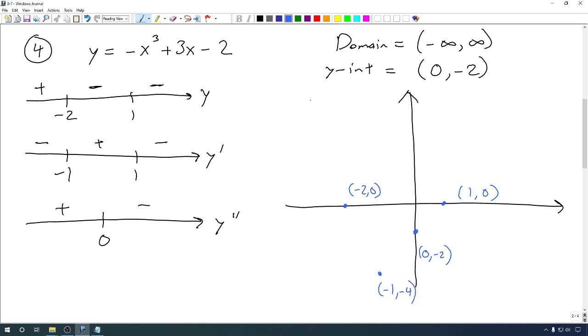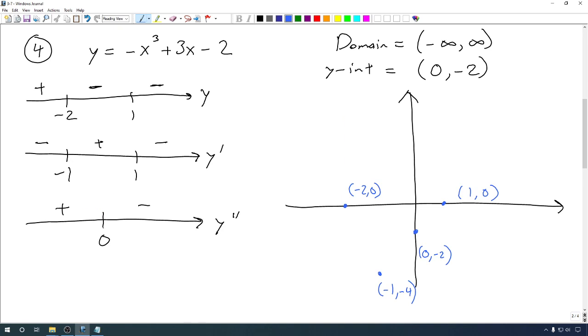So it decreases, it passes through this point, and it hits down here at x equals negative 1 with a y value of negative 4. Then it has to start increasing until it gets to 1. We don't have to figure out what that point is. It was already an actual intercept, so we already graphed that point.